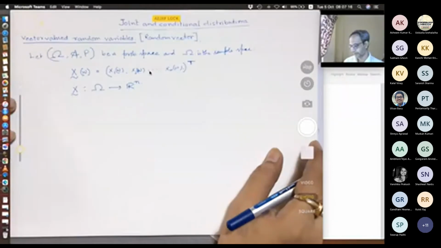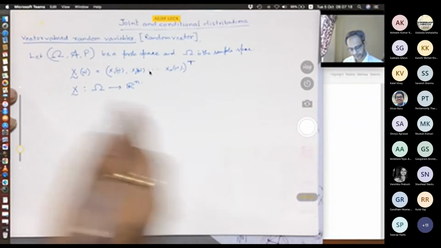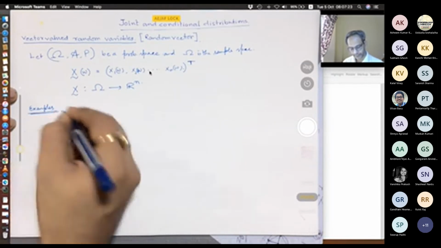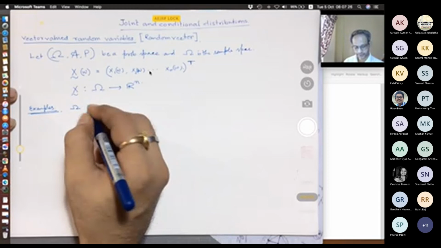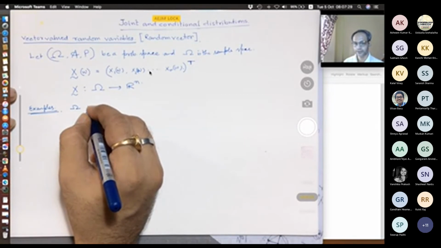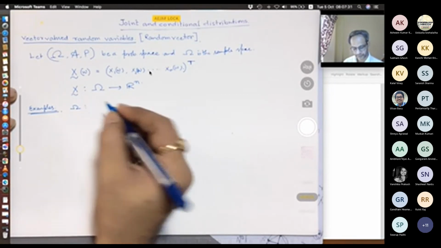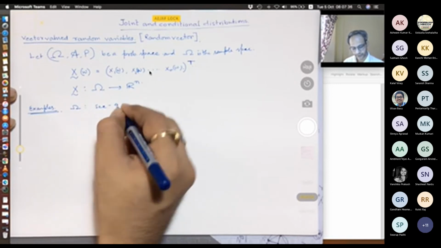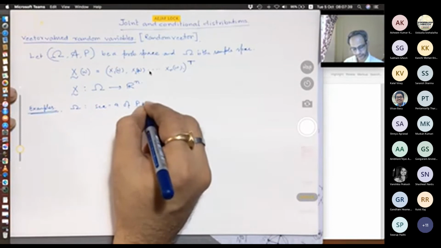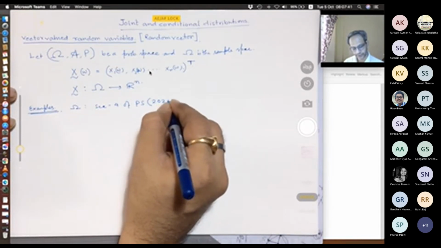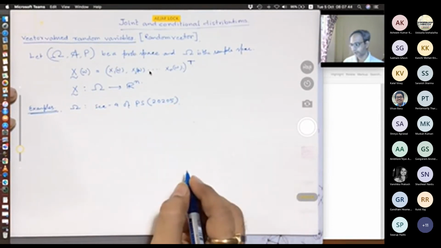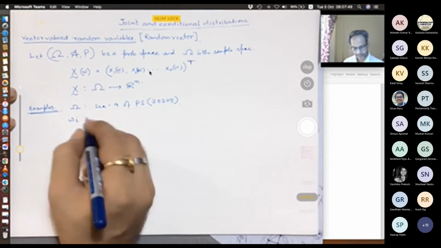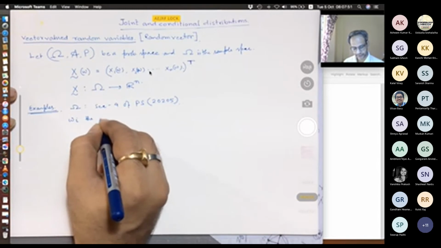Now if you want to see examples, let omega be your sample space, which is maybe section 2, section 4 of the PS course, and each omega_i is the ith student.